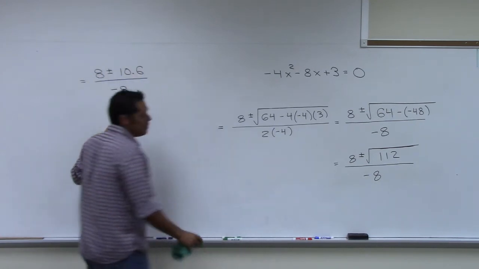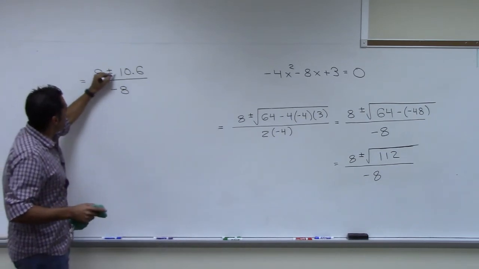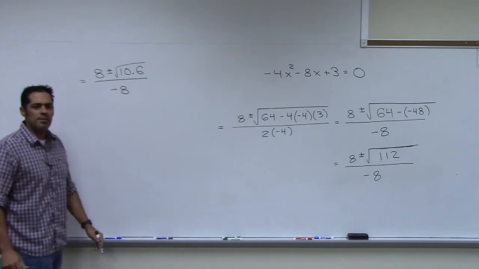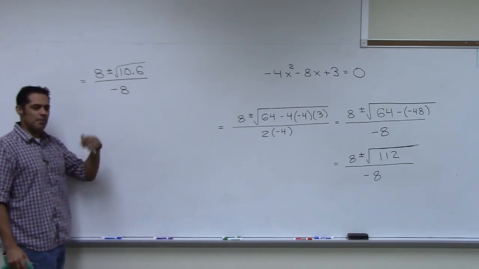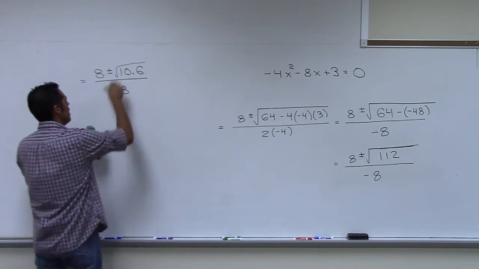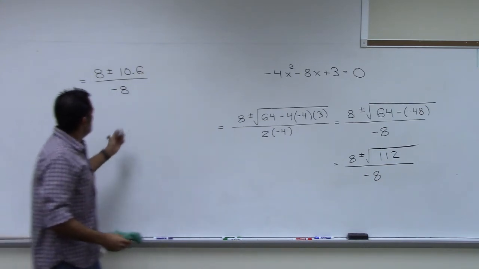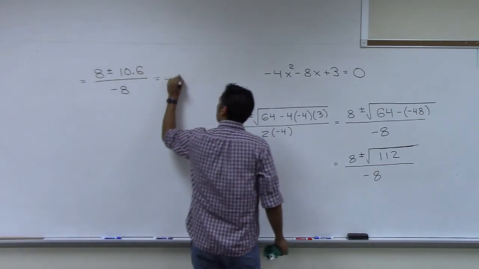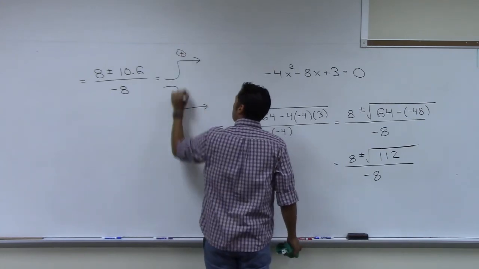I've seen this happen before, and I don't know why it happens, but some students put the square root of 10.6. It's like they already took the square root to get that, but for some reason they forgot. The square root's gone, because you took the square root of 112. So now what you have to do are two different solutions. You have to look at the positive and the negative.